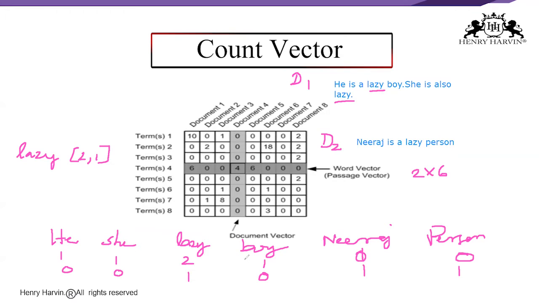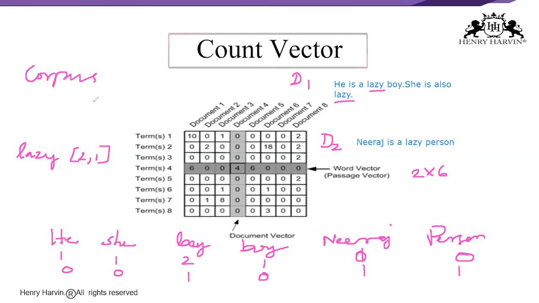Now there could be a few variations over here in the way the dictionary is prepared. In real world applications, we might have a corpus which contains millions of documents. And with these millions of documents, we can extract hundreds of millions of unique words.